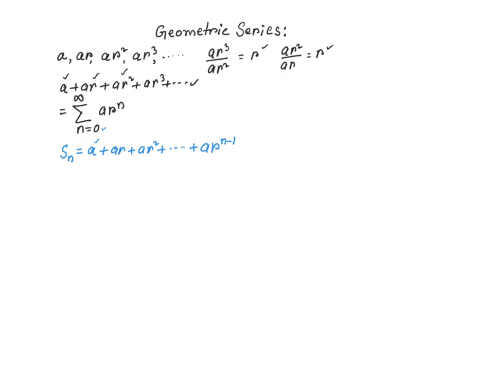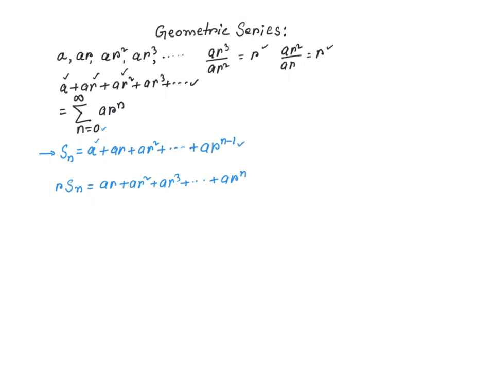Now, I'm going to take this equation and multiply it by r. So r times S sub n is going to be ar plus ar squared plus ar cubed plus dot dot dot plus ar to the power n.